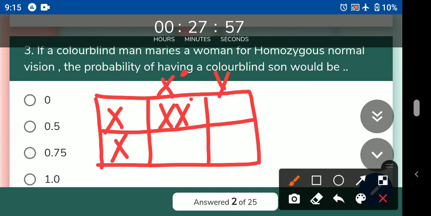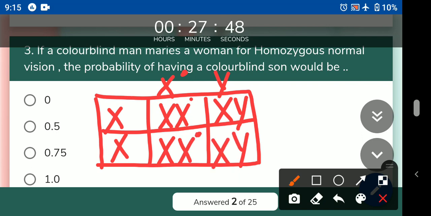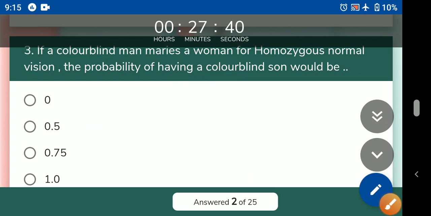She is a carrier. This son is normal. This female is carrier and this son is normal. Question is, the probability of having a colorblind son would be, there is no probability of having a colorblind son. So the correct answer is 0.